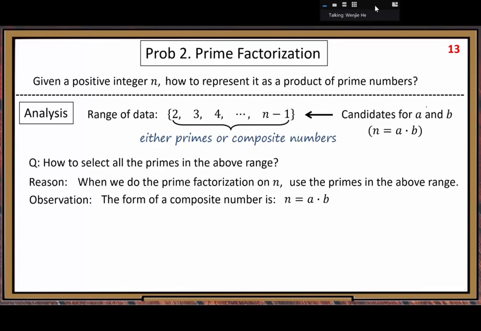Here, composite number is the easier case, so we should work on composite numbers first. Why is the composite number case easier than the prime case? Next time I will explain. Then we have this best practice: we always work on the easiest case first.